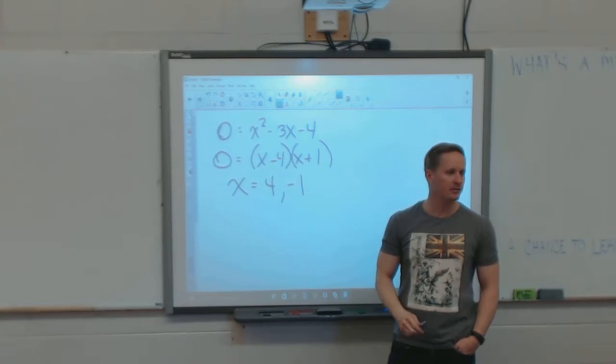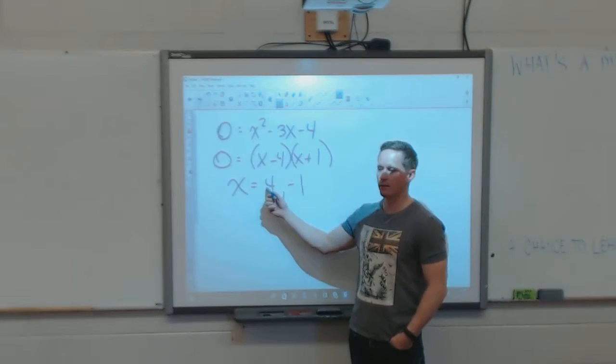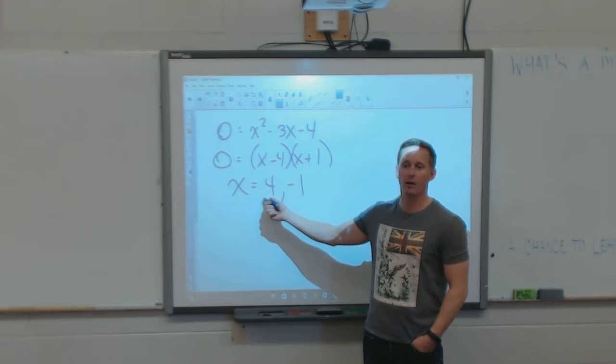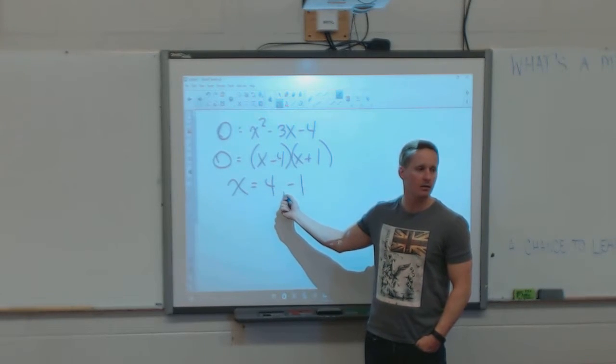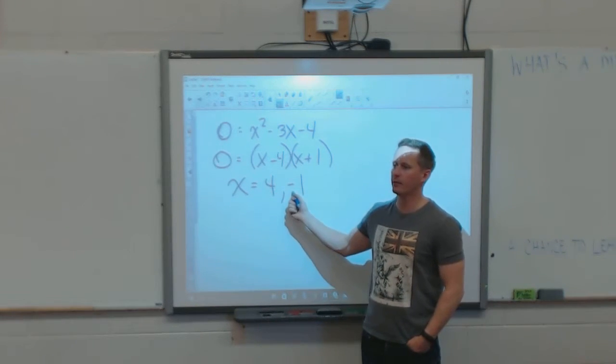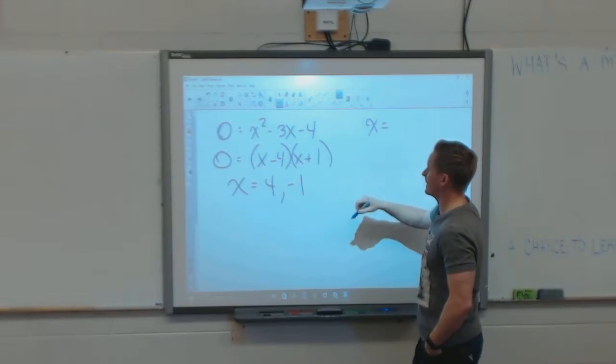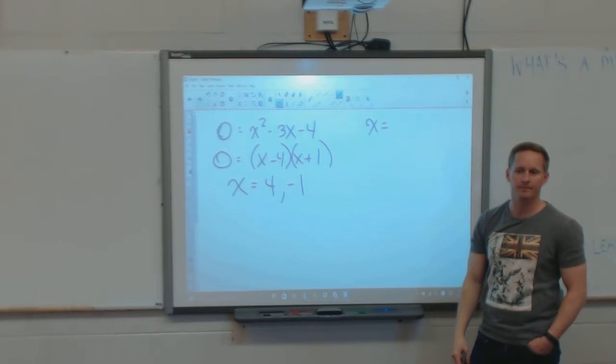How do I find my vertex? What have I found here? Those are my roots, right? So where's my vertex going to occur? Halfway between. Exactly. So my x value of my vertex then is halfway between negative 1 and 4, which is what?